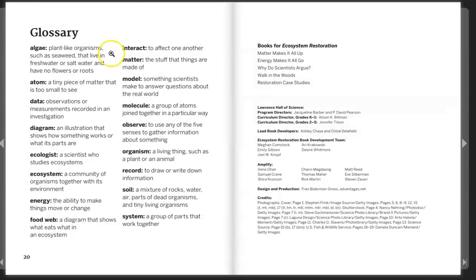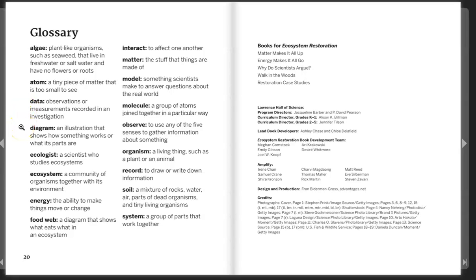Glossary. Algae. Plant-like organisms such as seaweed that live in freshwater or saltwater and have no flowers or roots. Atom. A tiny piece of matter that is too small to see. Data. Observations or measurements recorded in an investigation. Diagram.